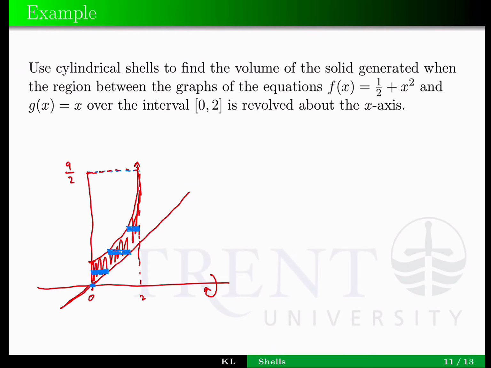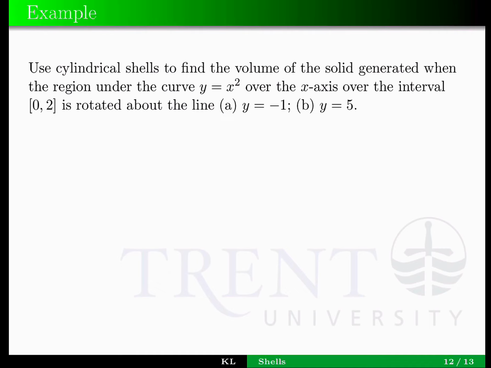So anyway, try to set up the definite integrals that will give the volume of the solid that will be generated. One last example for this topic. Again, use cylindrical shells.